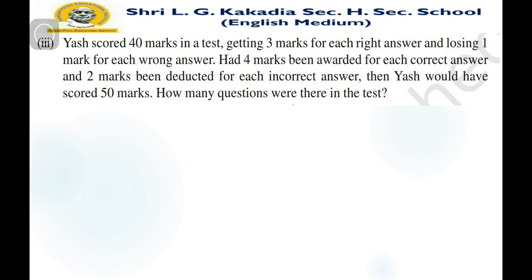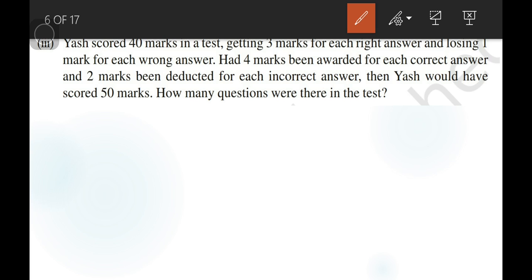Here we can say that for correct answers, x is the number of correct questions and y is the number of wrong questions, so 3x minus y is equal to 40 marks.